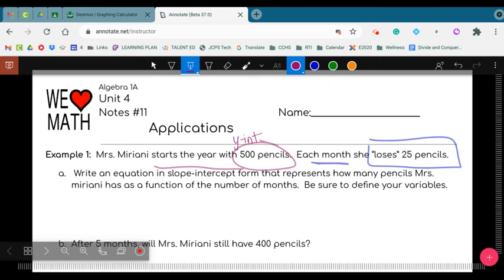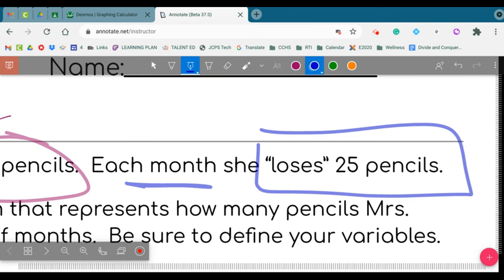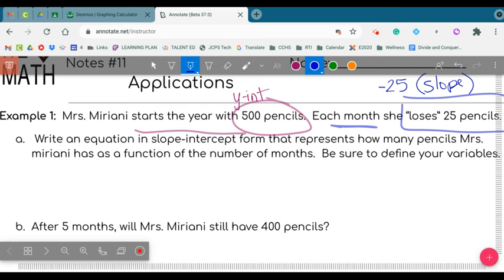And then each month, she's losing 25 pencils. So negative 25 is going to be our slope, because she's losing that. So if we have those two numbers, we can write our equation: y equals negative 25x plus 500.